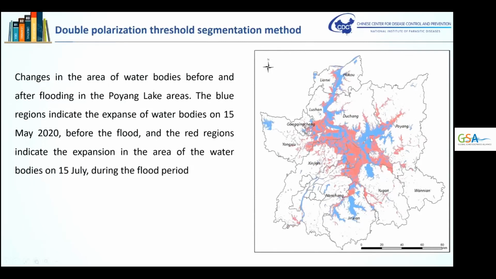The blue regions indicate the water bodies on 15 May 2020 before the floods, and the red regions indicate the expansion in the area of the water bodies on 16 July during the flood period.